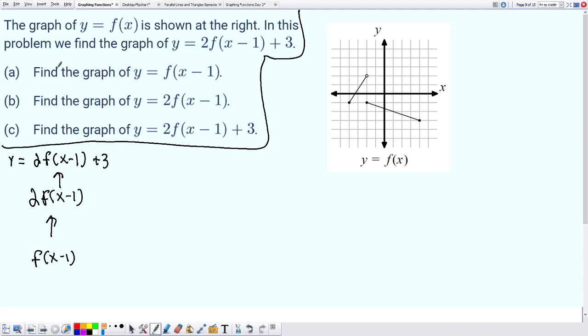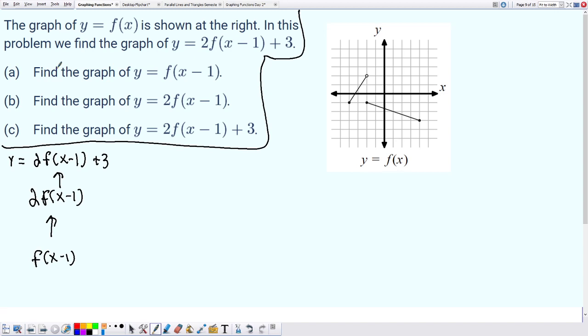Let's start out by finding f of x minus 1, which is what part A is asking us. So for f of x minus 1, since the x value is being subtracted with 1, what we would like to do is shift it to the right 1 space.